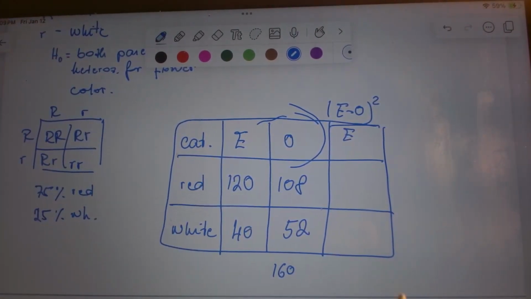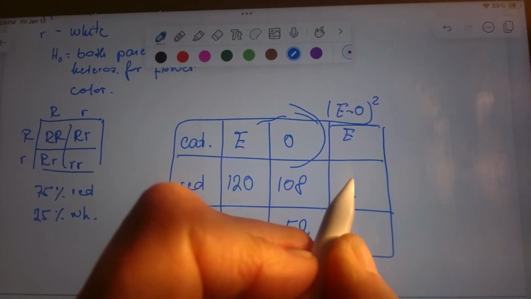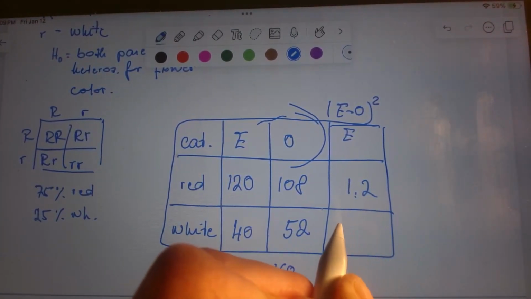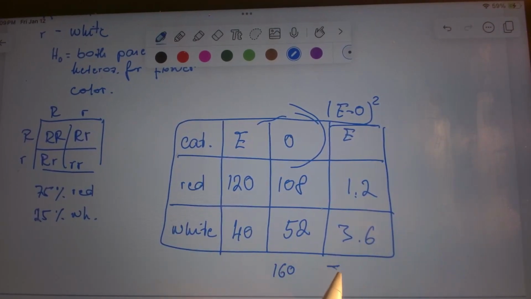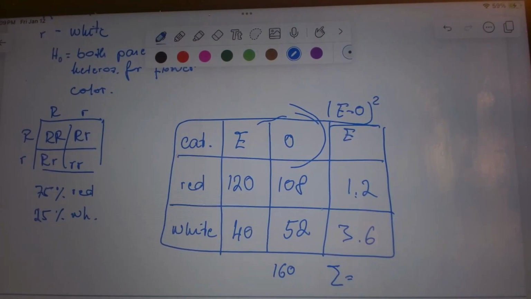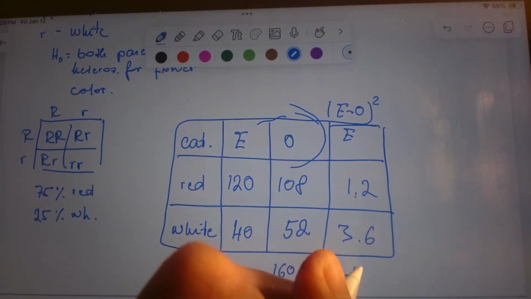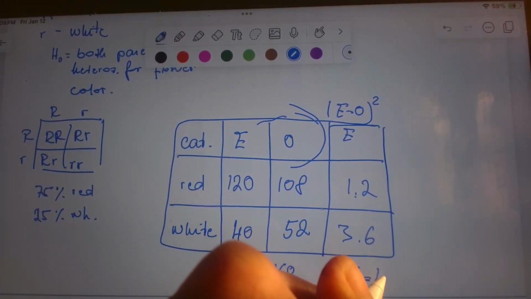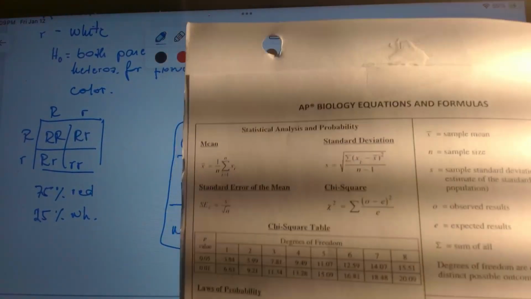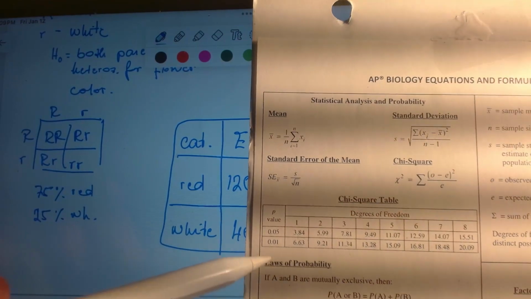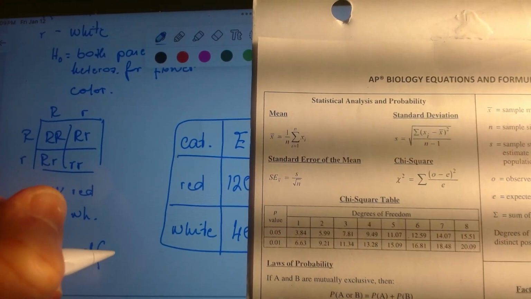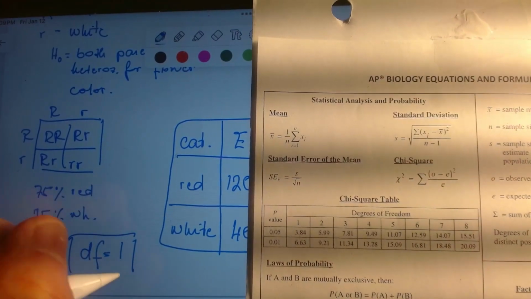So when you do the calculations for here, that will give you 1.2 and 3.6. The chi-square value, I will sum it up, and the chi-square value will be 4.8. And let's check with 0.05 p-value with degree of freedom is categories minus 1, which is 1.